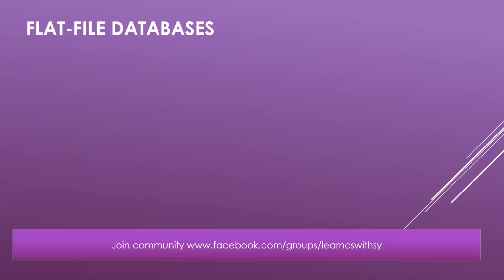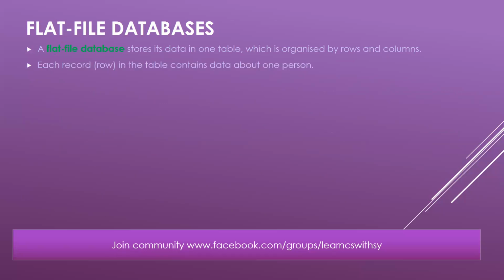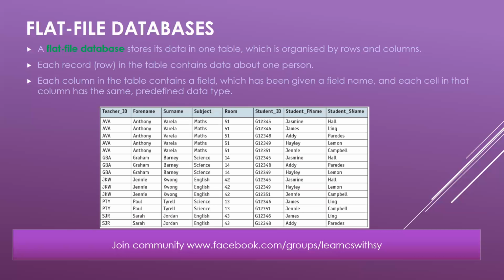Now, before we proceed to the relational, we need to know the flat files also. A flat file database is storing all the data in one table, and that data is organized in rows and columns. Each record or row in the table contains data about one person or one entity. Each column in the table contains a field, the way we have talked about fields earlier.